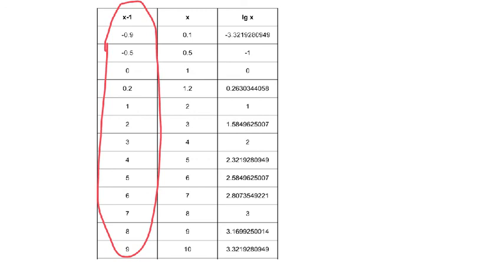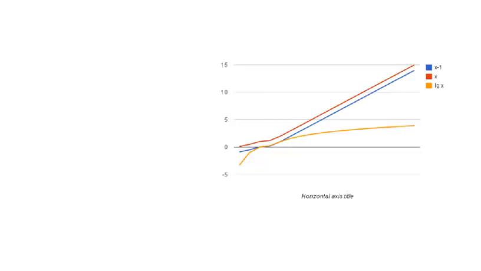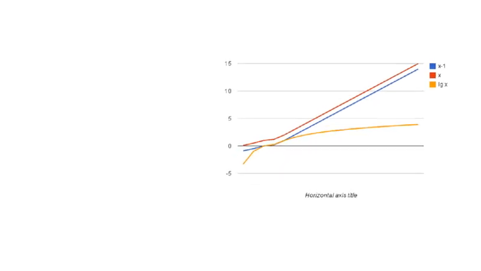I plot this actually in Google spreadsheet. I think it looks nicer than the other spreadsheet that I have been using. Now let's take a look at what we have here. The x minus 1 is the blue one, and logarithm x is this. We can see something here, right?